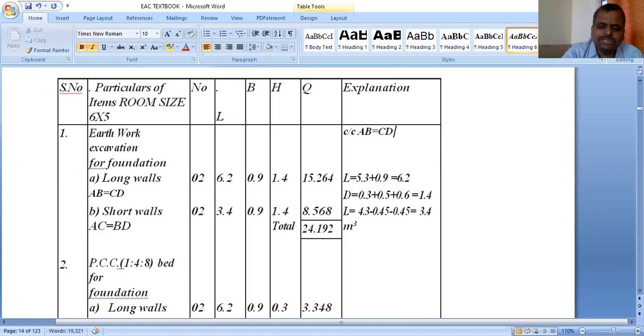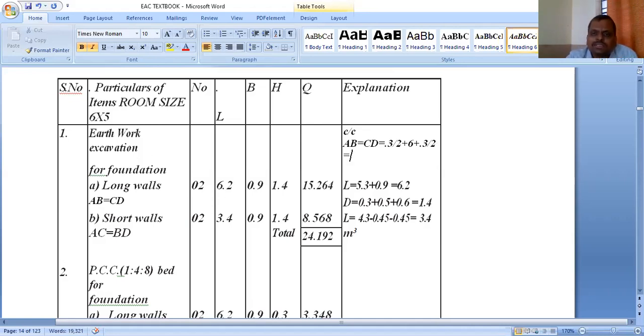How much it will be? It will be 0.3 by 2 plus here this length is 6 plus 0.3 by 2. It will be very easy. See here, it will be 6.3 meter.